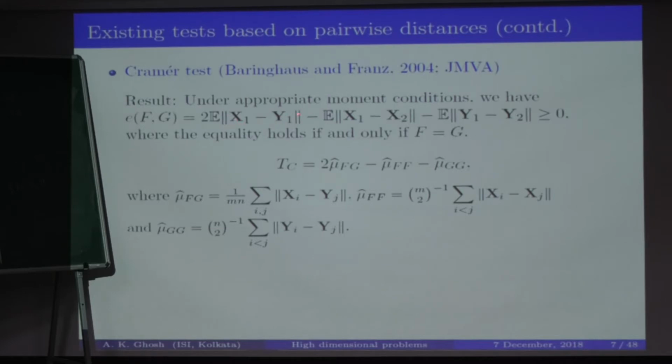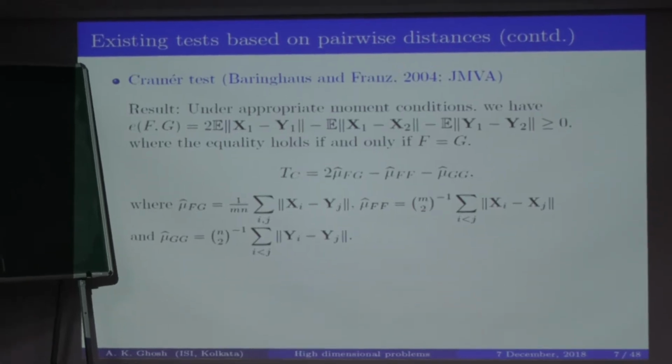This is the expected distance between one observation from the first class and another observation from the second class, minus the expected distance between two observations from the first class, minus the expected distance between two observations from the second class. It says that this quantity is always non-negative, and equality holds if and only if the two distributions are identical.